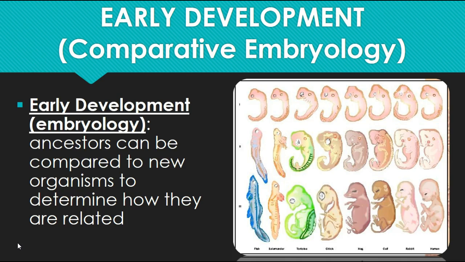But if you look up at the top to that very earliest stage of development, they're almost indistinguishable. You cannot tell one species from another. They have very similar structures in very identical locations. And this suggests that they come from a common ancestor, that they are related in some way.